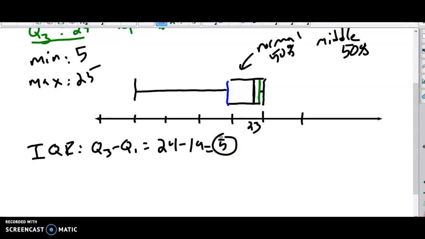My IQR is 5. This is the distance in between here. This is my IQR box. It just simply says that the middle 50% are separated by 5 points. That's all we're looking for. It's not saying that it is 5. The IQR is a range. How long is it being separated?